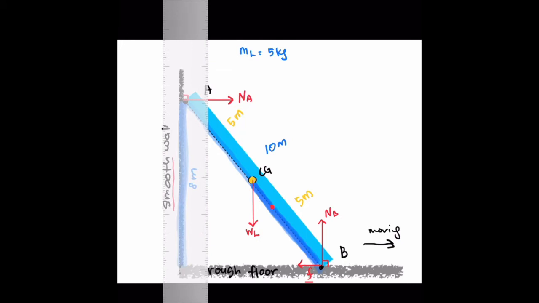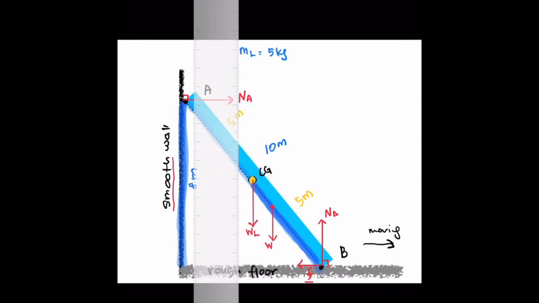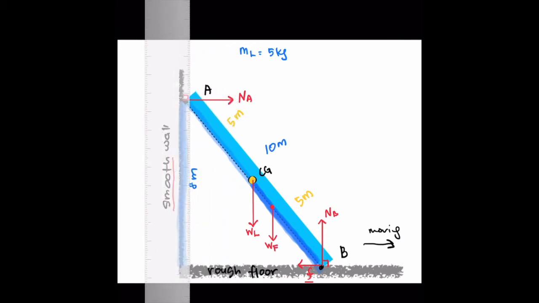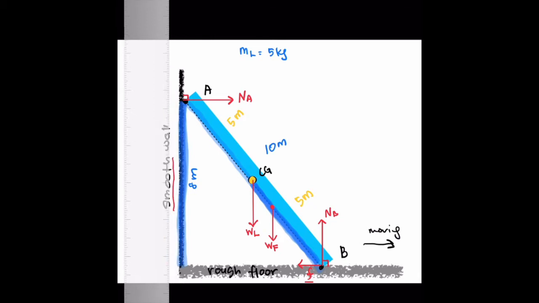Then again we draw the weight of the firefighter. This is our weight of firefighter. That is all the forces acting on the ladder. You should know how to draw the forces acting.